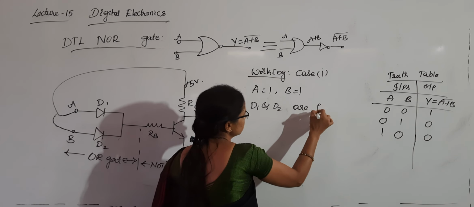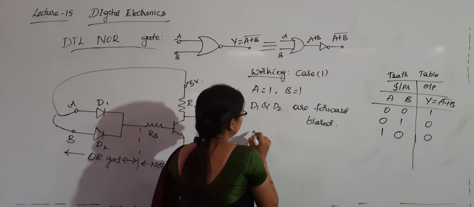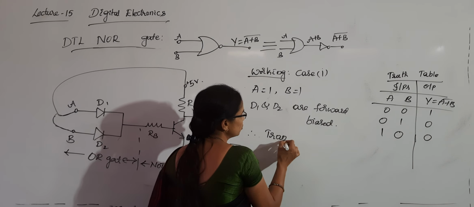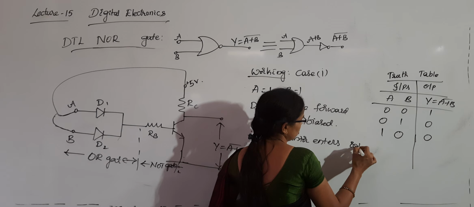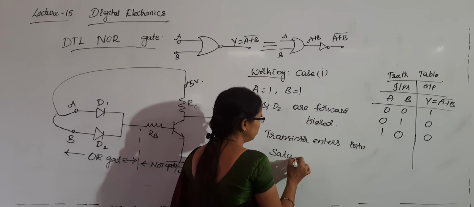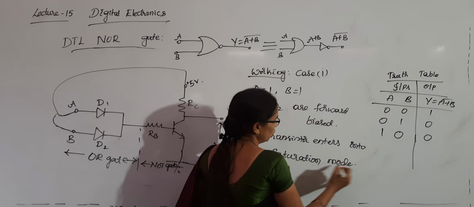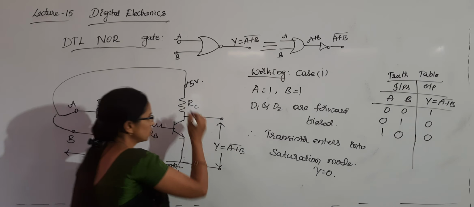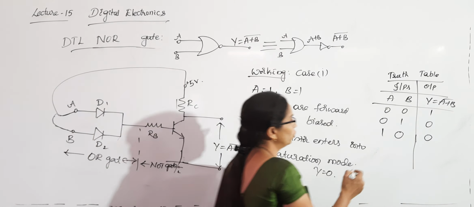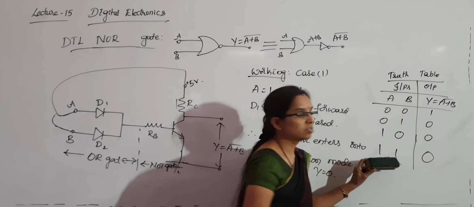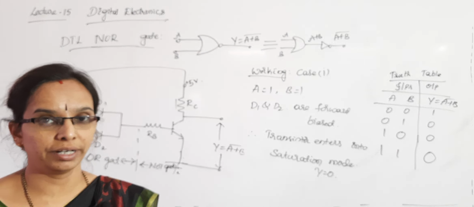Therefore the transistor again enters saturation mode, that means turned on or acting as a closed switch. Therefore Y is equal to 0 because all the current flows through the transistor, and no voltage appears across the output. When both are 1, 1, the output is 0. It is just the opposite of the OR gate. The NOR gate is just the opposite of the OR gate.